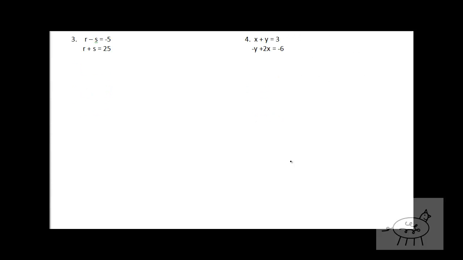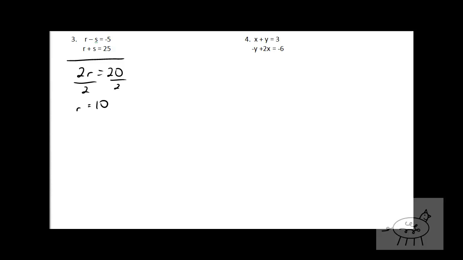Again, these are lined up. So I'm going to draw a line. R is under the R, S is under the S, and the numbers are under the numbers. So R plus R is 2R. Negative S plus S cancels. And negative 5 plus 25 is 20. Okay, we solve for R, divide by 2. R equals 10. And then what we're going to do is substitute it back into one of the equations.